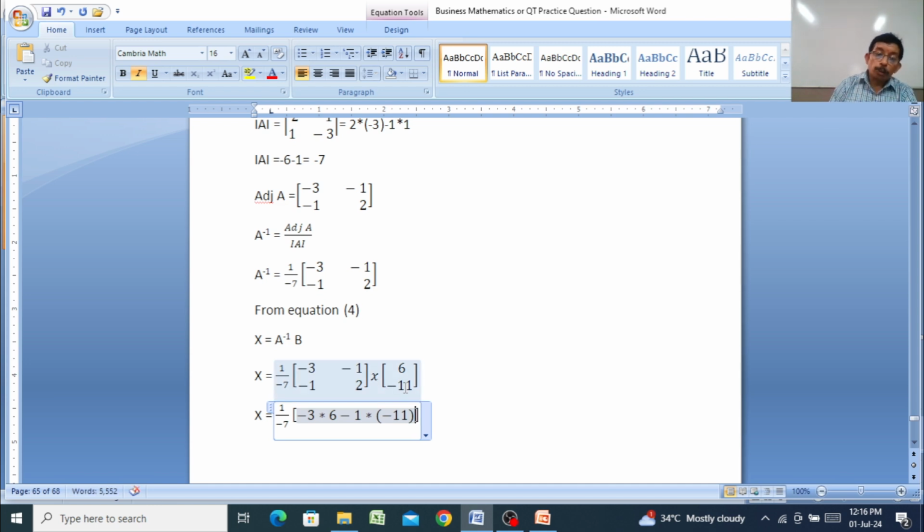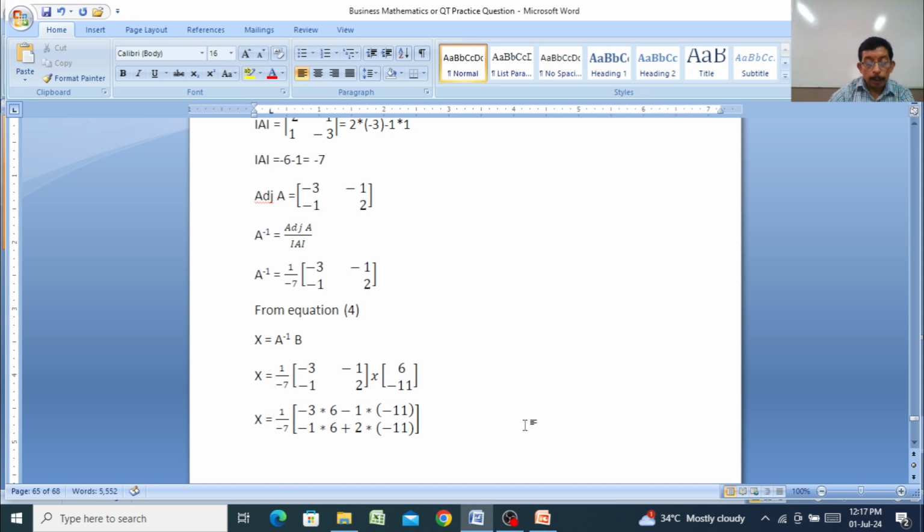The first row, first column multiplication is complete. No more column, then we come to the second row. Second row multiplied by the first column: minus 1 multiplied by 6, plus 2 multiplied by minus 11. Is it clear, everyone?